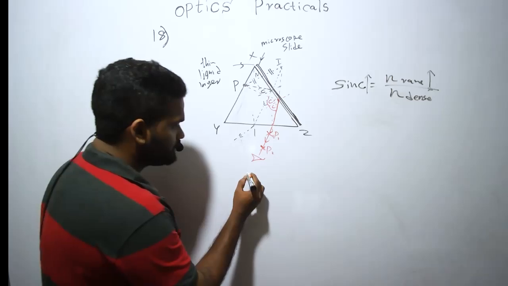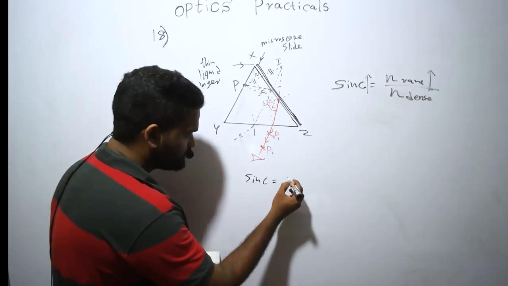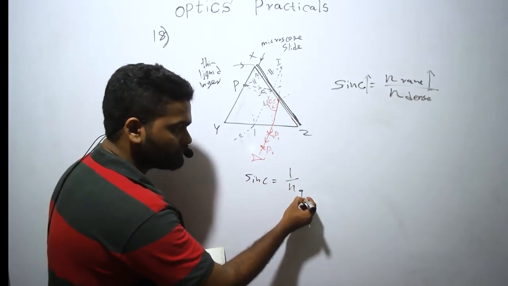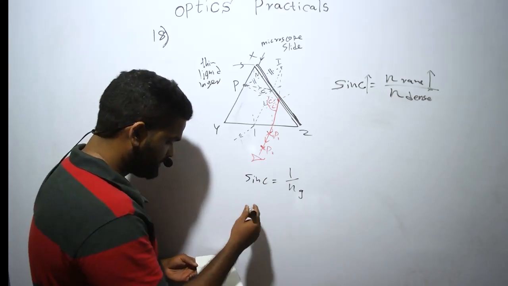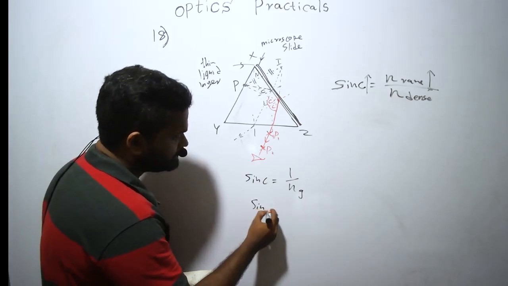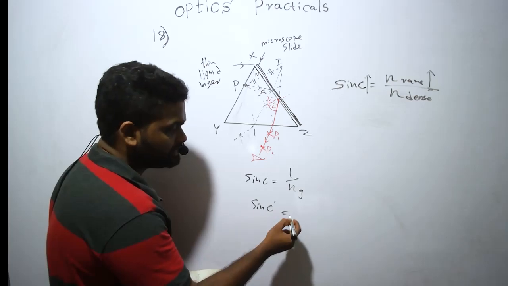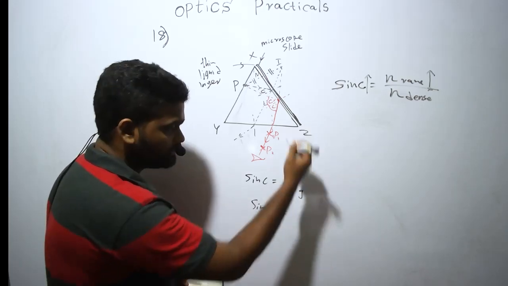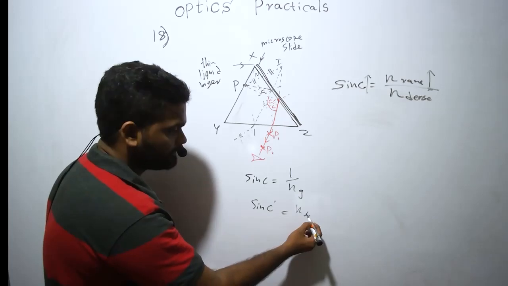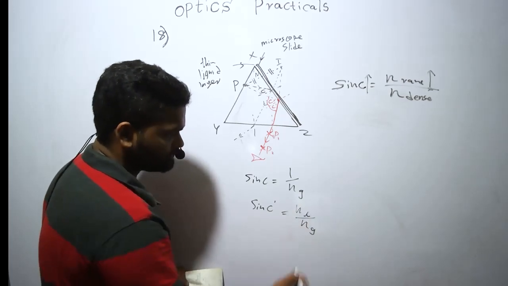Then for this one, sin C is equal to 1 over Ng. We found this from the earlier one, right? Then sin C dash is equal to what? Instead of air, now we have the liquid. Let's say NL. So Ng is this one, right?